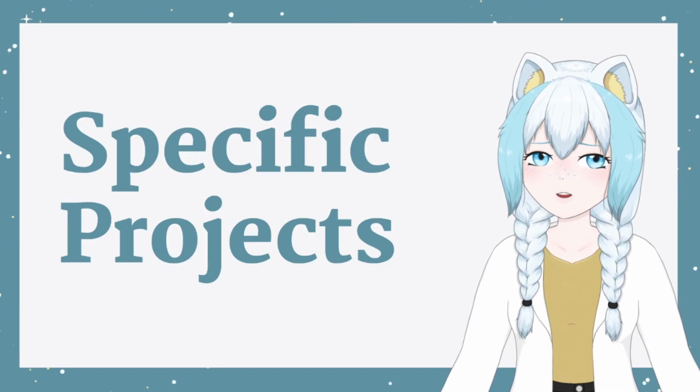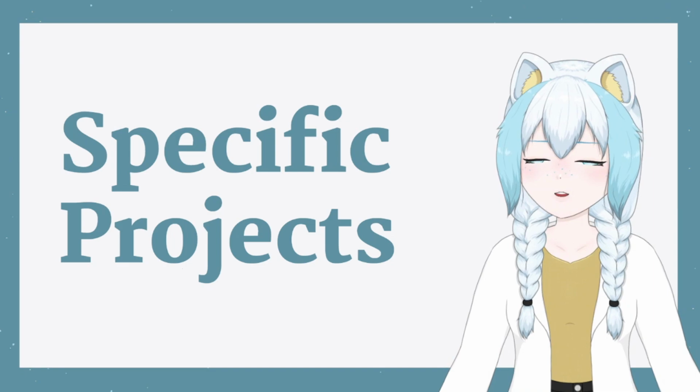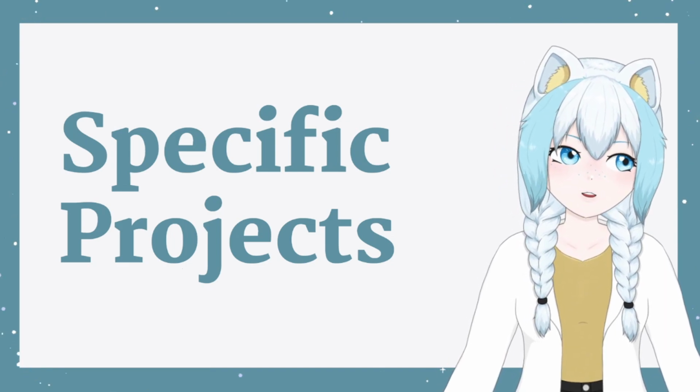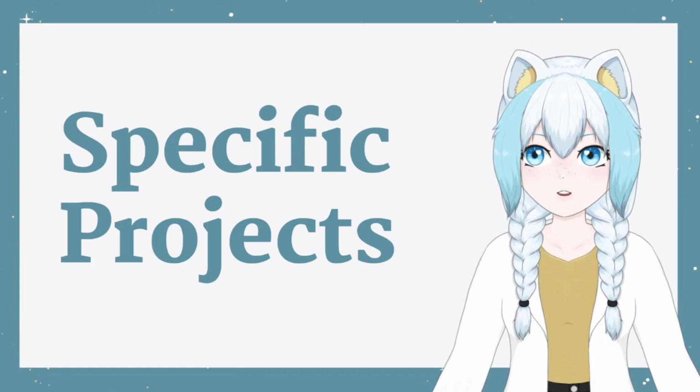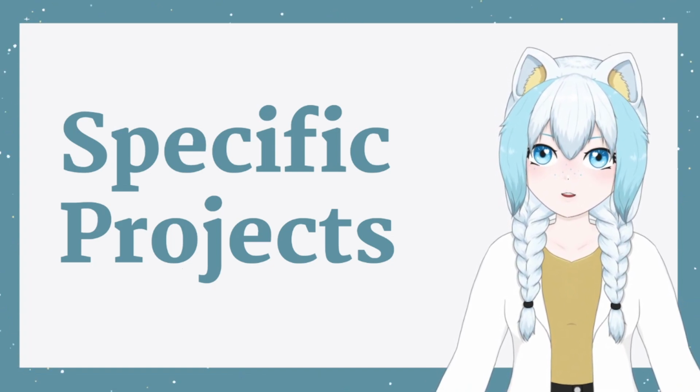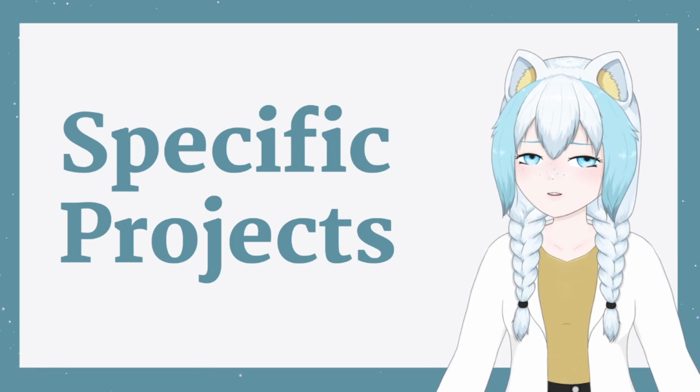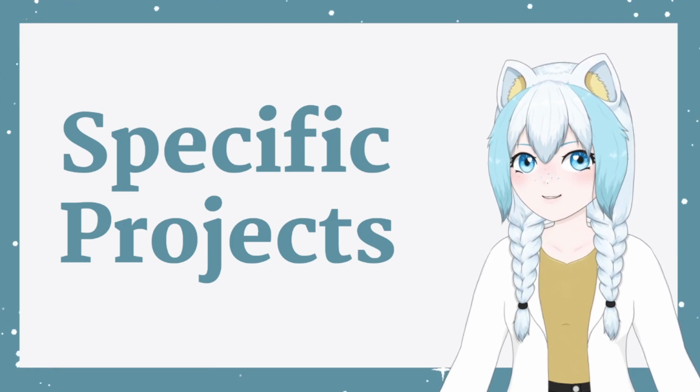So what if you want to get involved in a specific project? You don't care about just IDing something or keeping a list of what you see, but you actually really want to get into science. Maybe you want to pursue a career later in science, maybe you just are bored.